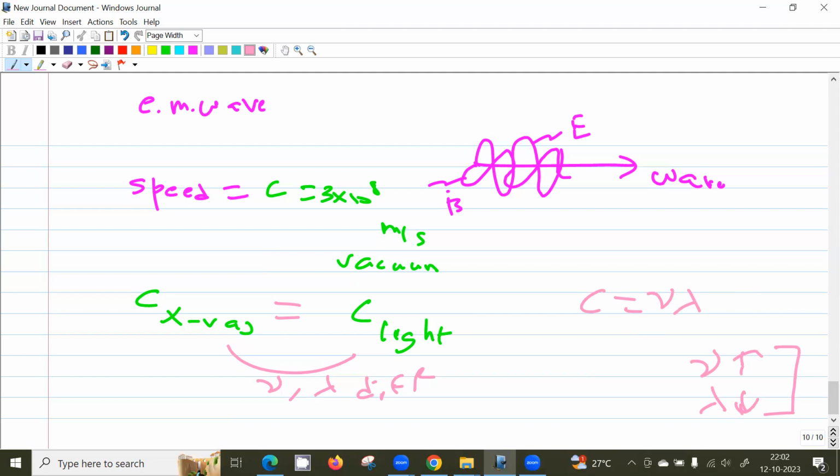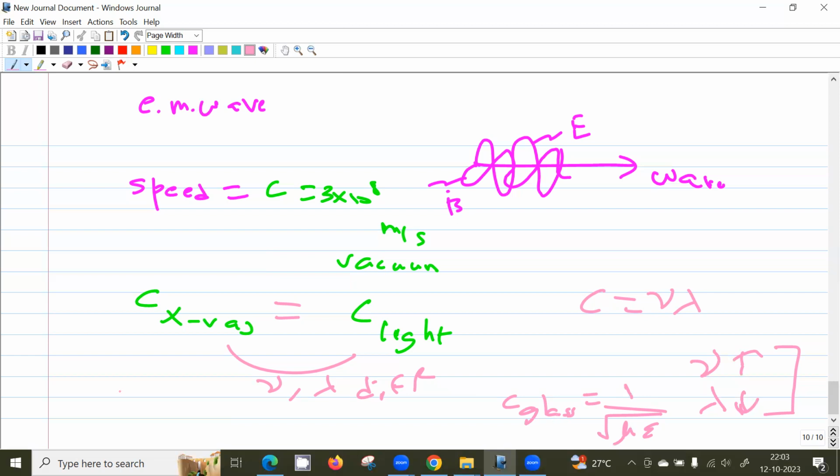So similarly, for any electromagnetic wave, take a radio wave, microwave, gamma rays, millimeter waves, whatever it is, the speed is same, but the speed will change from medium to medium. Suppose we change to a different medium, say glass, then the speed will be different. So speed is given as 1 by square root of mu epsilon.